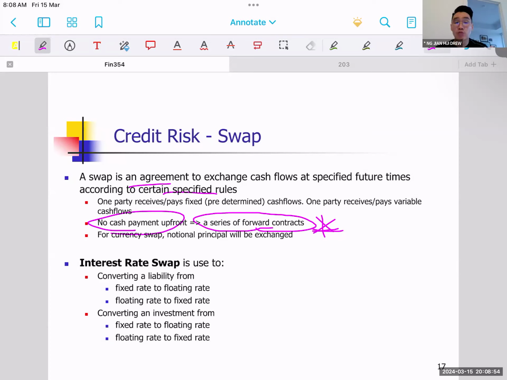However, there's one swap where there will be a sum of payment at the start, and this is the currency swap. Because in a currency swap, you are swapping the currencies.